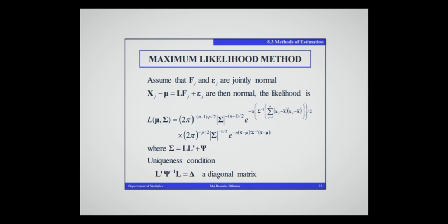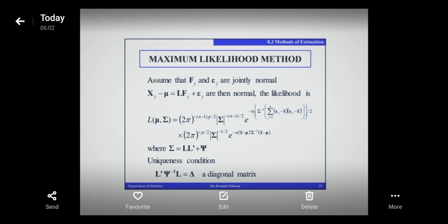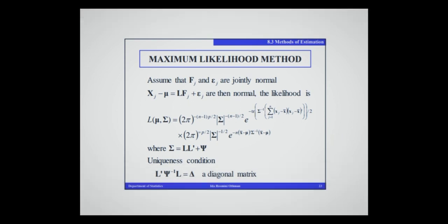You have identified what is the model, what is the X matrix, what is the F matrix, which is the factor loading, and then what is psi, the notation untuk specific matrix, and then you know about the assumptions of the model: expected of F, expected of epsilon, the covariance between F and epsilon is 0 and so on. Itu semua the assumptions of the orthogonal model that you need to memorize.